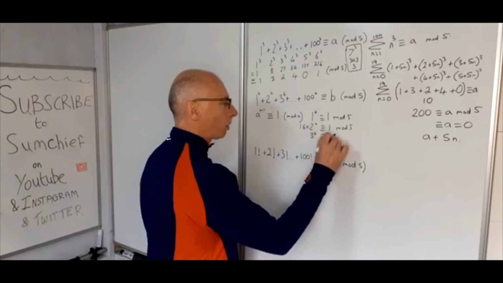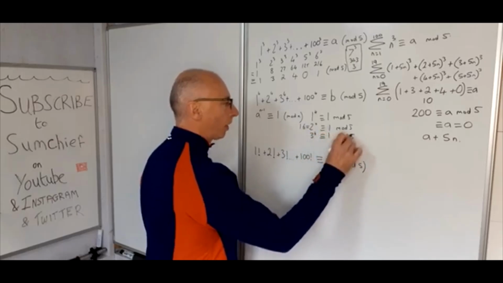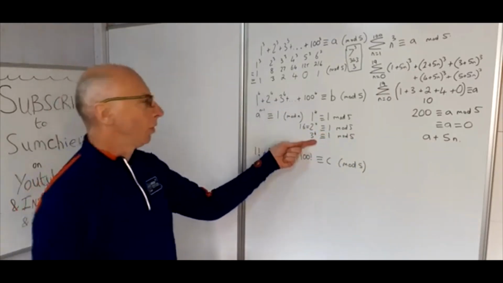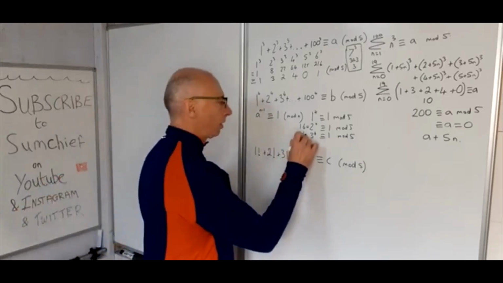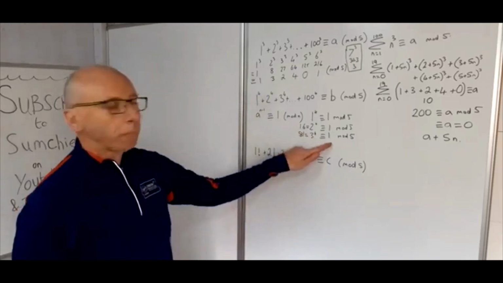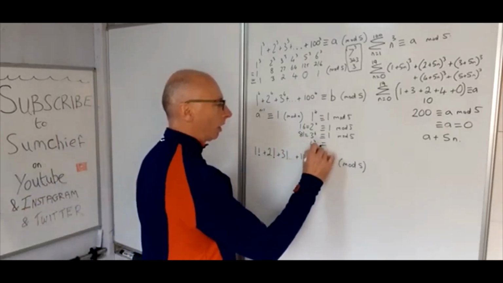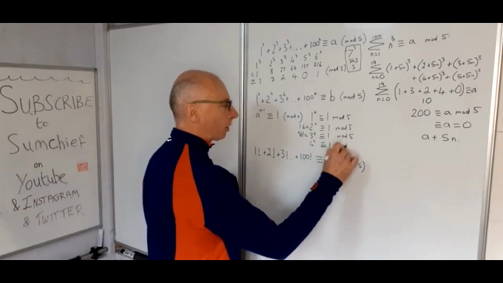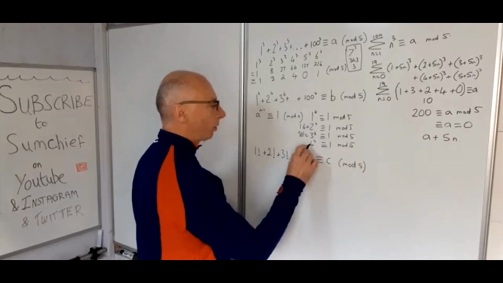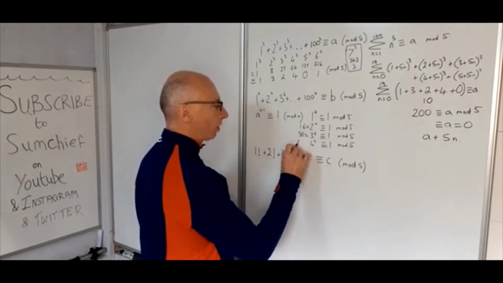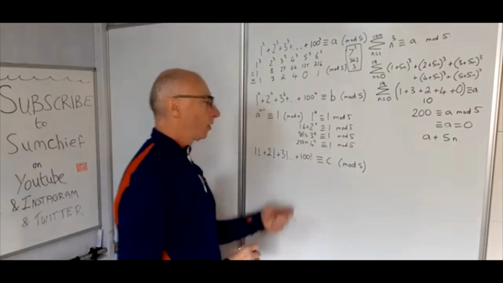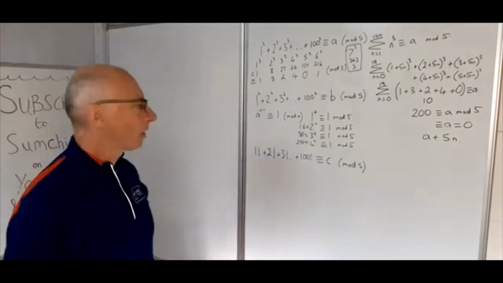This is going to be congruent with 1 mod 5. 3 to the power of 4 we know is 81. So you can see the pattern is forming here. 4 to the power of 4, that by the theorem is going to be also congruent with 1. 4 to the 4 is 256. So if you check that mod 5, yeah, we can see that.